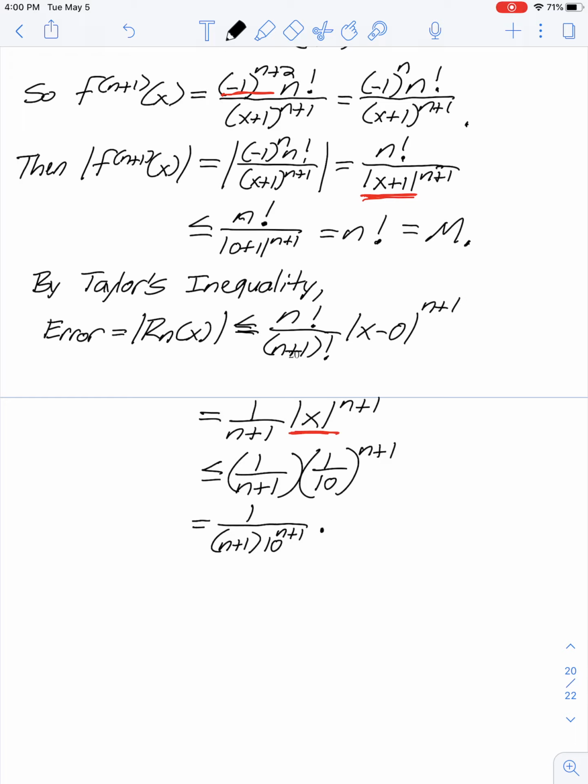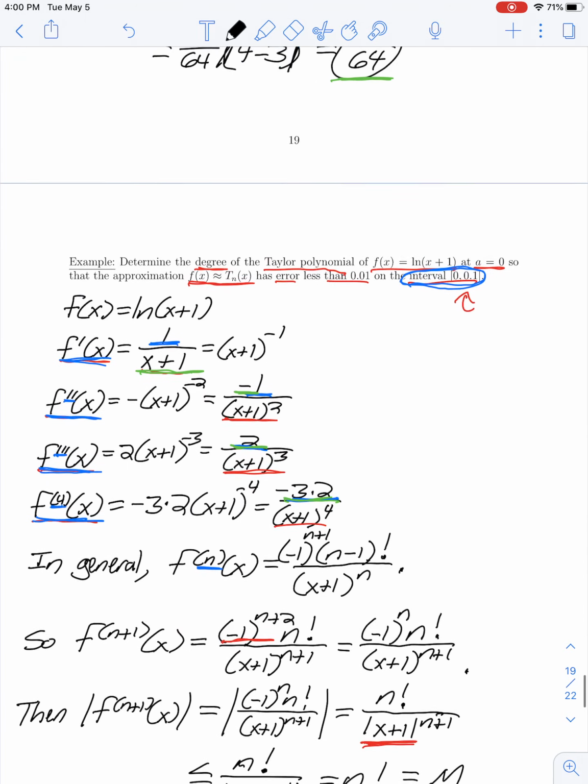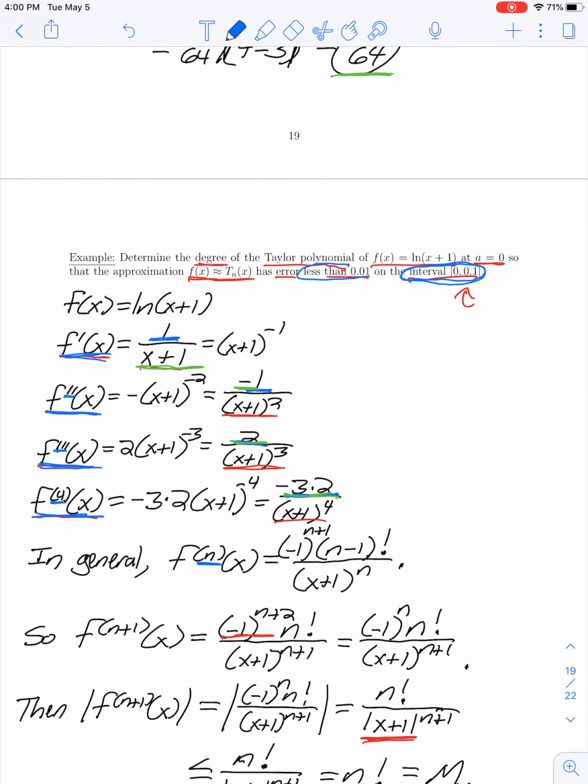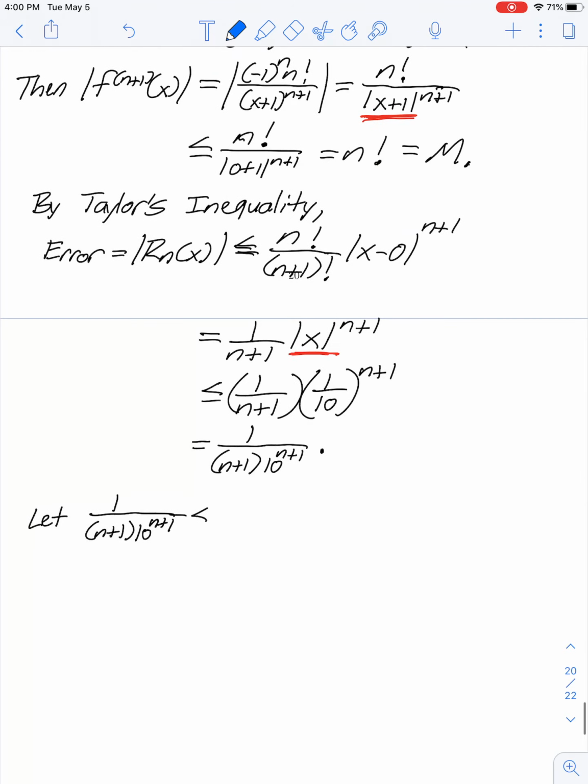Now, to achieve the desired accuracy, I'm going to take the expression that we just found for the worst possible error and make sure it is less than the error bound that we're given. So looking back at our problem statement, here the error bound that we were given was that we need it to be less than 0.01 or 1/100th. So to ensure that, we take the maximum error and let it be less than the error bound that we're given.